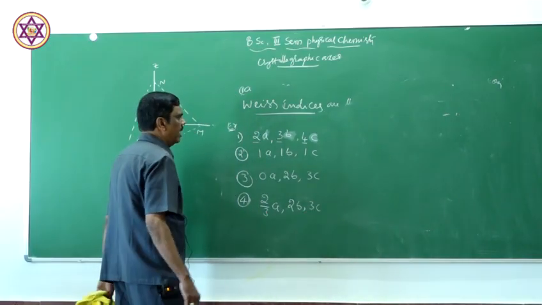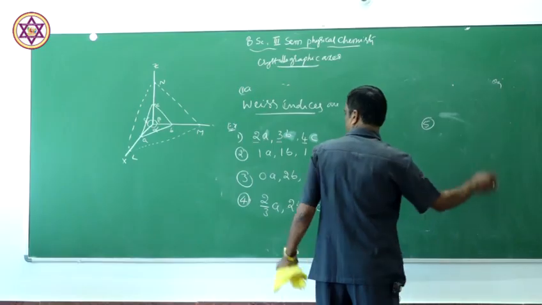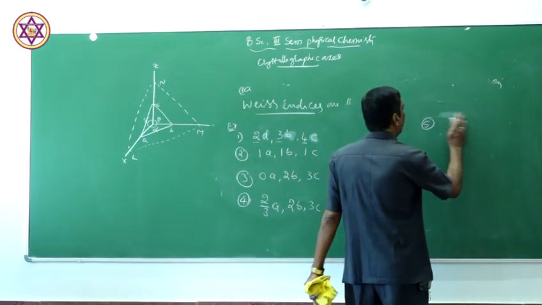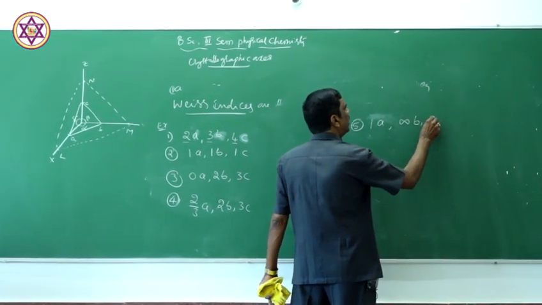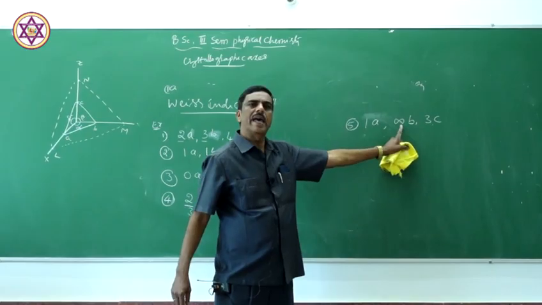In some cases, it may be 0, it may be a fraction, and it may be infinity: 1a, infinity b, 3c. So, it may be infinity, parallel to one of the axes.